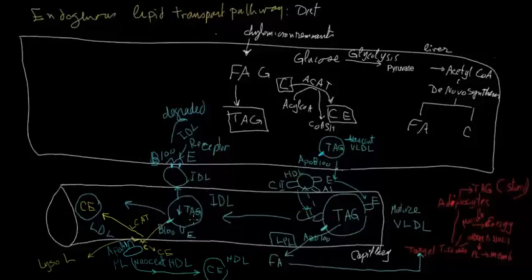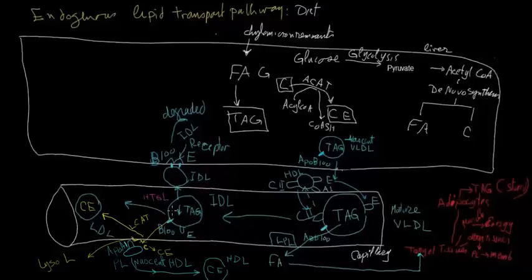Already triacylglycerol has been very much reduced by the action of lipoprotein lipase. But this is not the end of the story for triacylglycerol. There is one more event that is going to reduce triacylglycerol even further. We have another enzyme which is called hepatic triglyceride lipase.